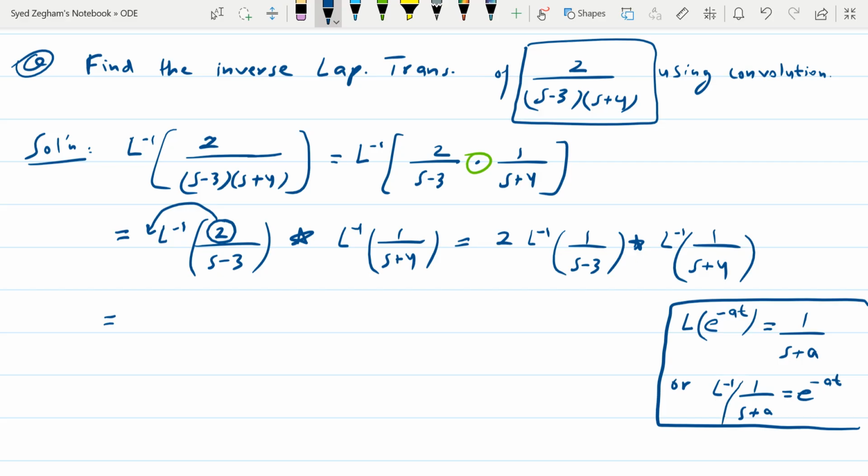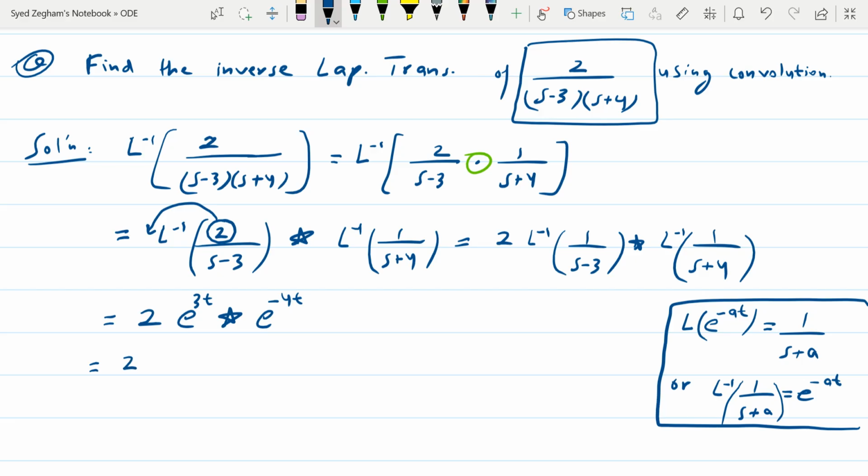So using this formula, we get that 2 times L inverse of 1 over (s minus 3) will be e to the power 3t, convolution L inverse of 1 over (s plus 4), which will be e to the power minus 4t.